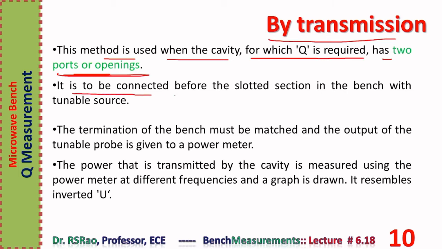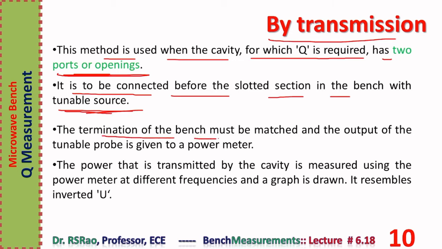The cavity is to be connected before the slotted section in the bench with a tunable source. Tunable source means a source which has a facility to change its frequency. A source gives out a wave. If a facility is there with the source to change the frequency of its output, then it is called a tunable source.